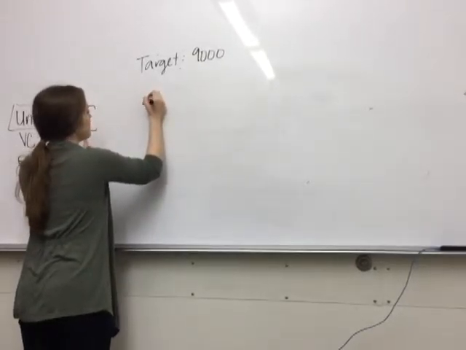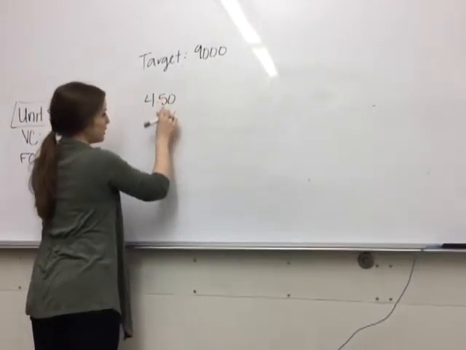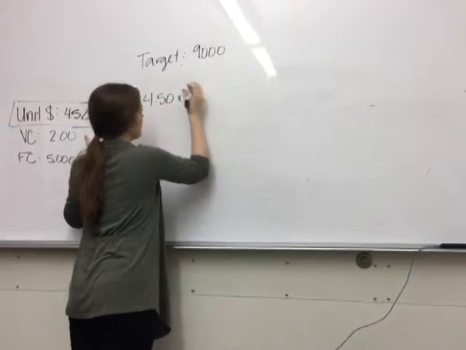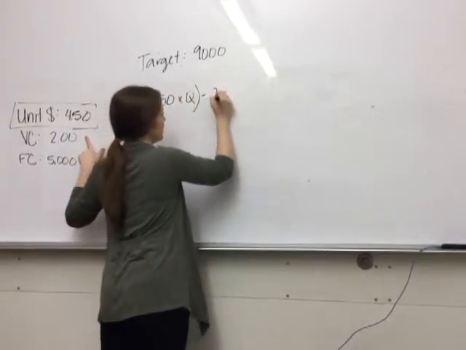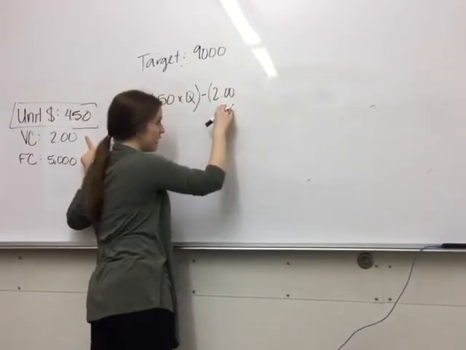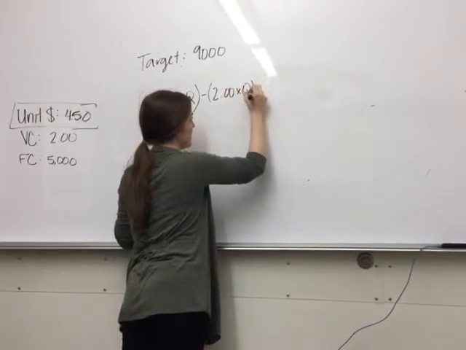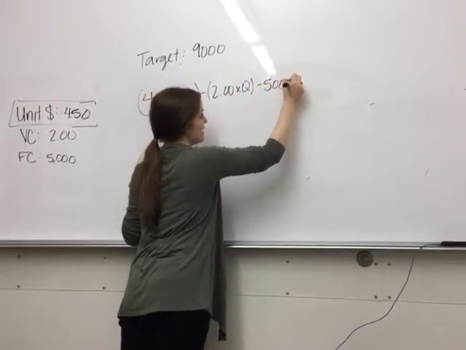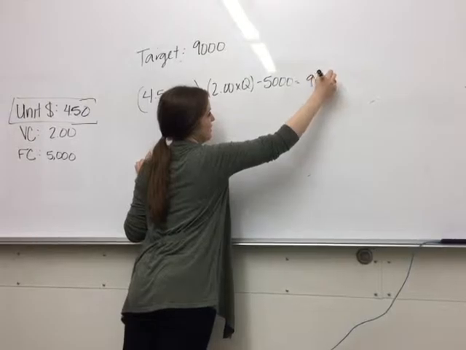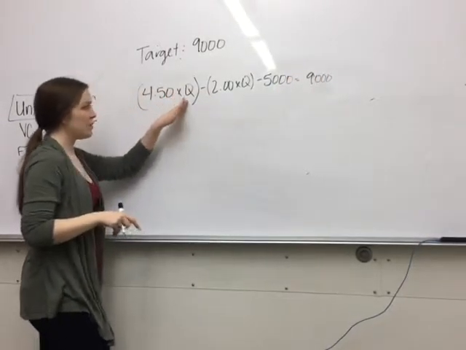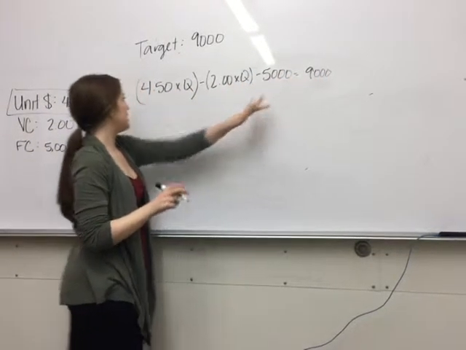So that is $4.50, the unit price, times the quantity, minus $2, the variable cost, times the quantity, minus $5,000 in fixed cost, is a $9,000 profit.